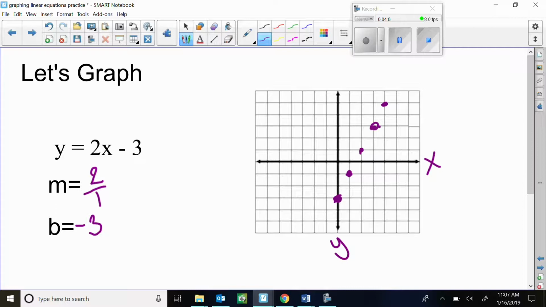If I go back to my starting point, if I go down 2, then I have to go to the left 1. And then I'm able to hopefully draw a straight line. There we go.